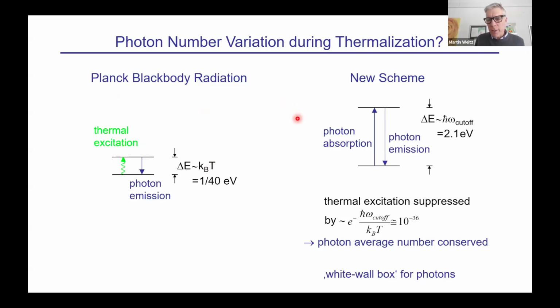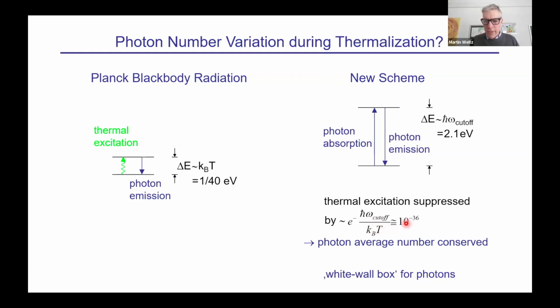In this new scheme, we have a low-frequency cutoff, and there are quantized electronic levels of the dye at about 2 electron volts, the energy of visible spectral range photons. Because of that, thermal excitation is suppressed by a factor e to the minus h bar omega cutoff divided by kBT, which gives you a very small number, 10 to the minus 36 or so.